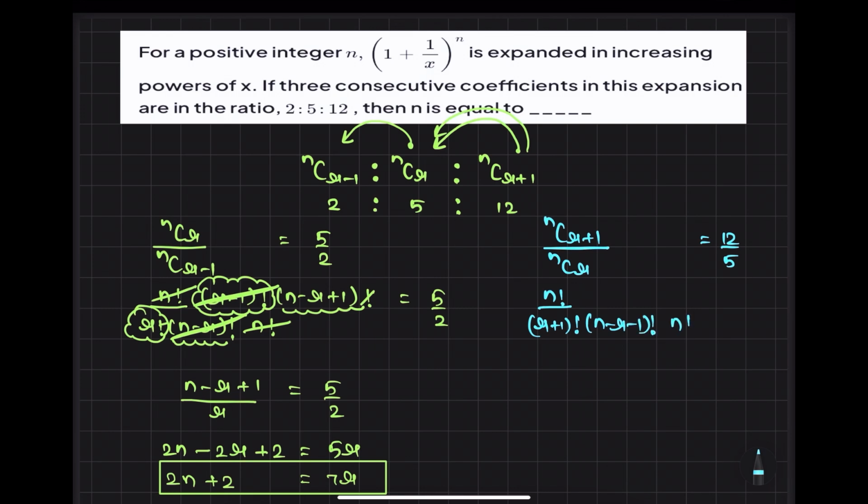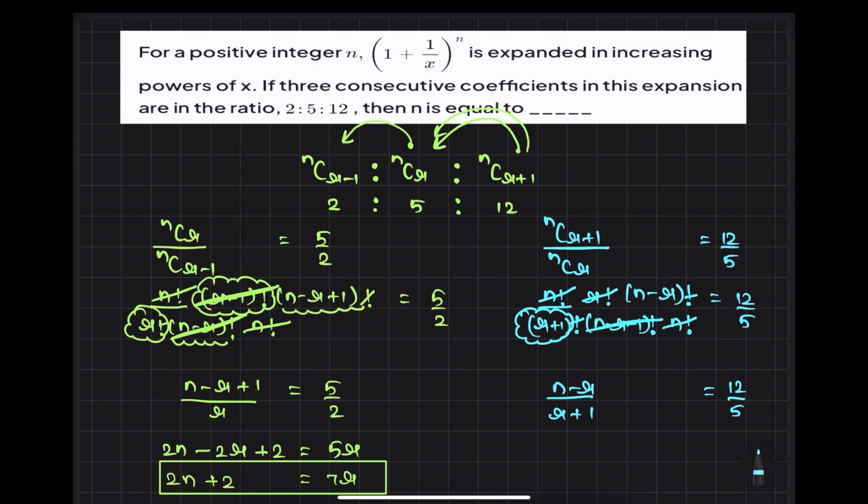Then we have n factorial by r factorial n minus r factorial equals 12 by 5. Now do the simplification part. This thing gone. r is the smaller one, so this thing will go. We will be left with r plus 1. This is smaller, so this thing gone. We will be left with n minus r. So we have n minus r by r plus 1 as 12 by 5.